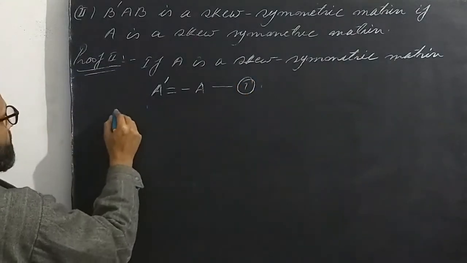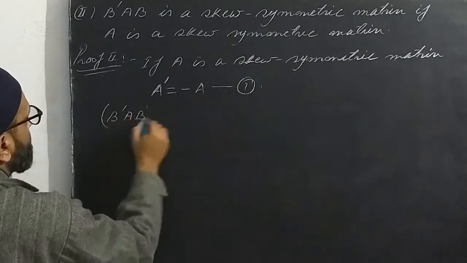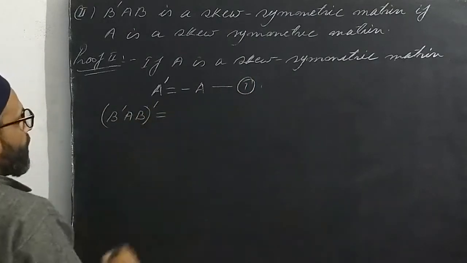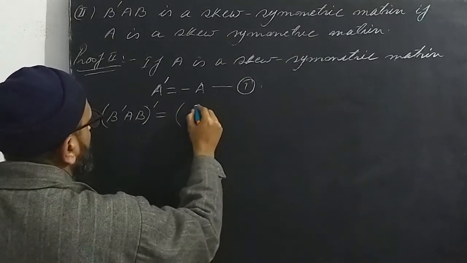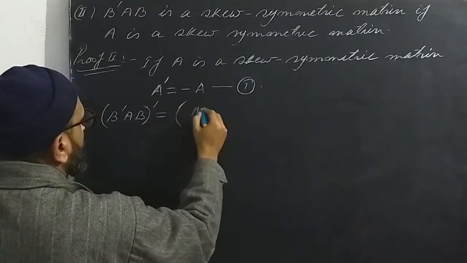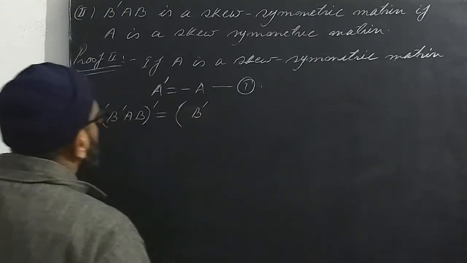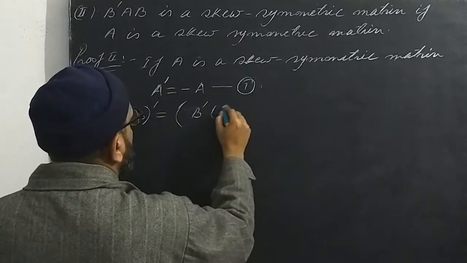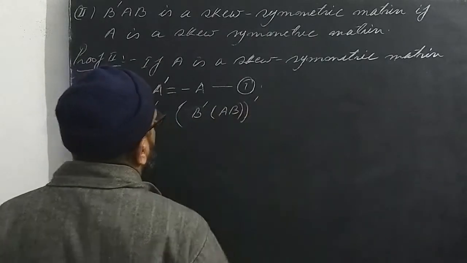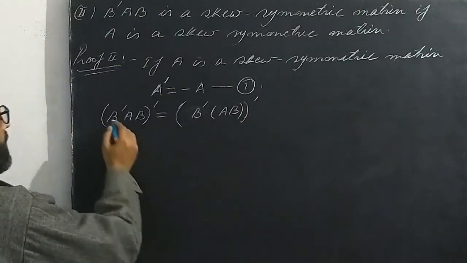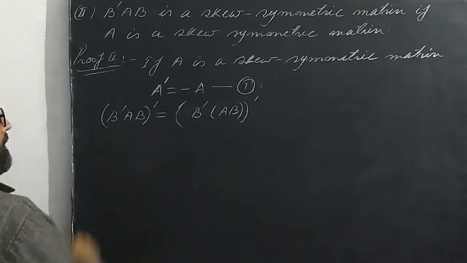Now we take the transpose of B'AB. So first we have to write B', and we have to group AB, that is (B'(AB))'. So inside the bracket we have grouped A and B together and B' separated.